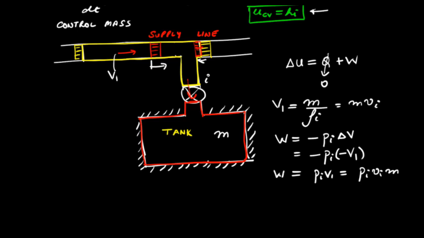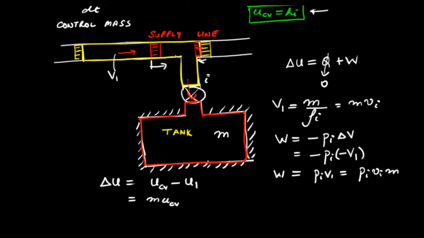And now what is the change in internal energy? Initially the internal energy, let's say, is U1, and finally the internal energy, let's call it UCV, that is, the whole gas is within this control volume. In terms of specific internal energies, we can write this as m times the specific internal energy of the gas within the control volume, which in this case we are not looking at a control volume, but we are using the same notation.